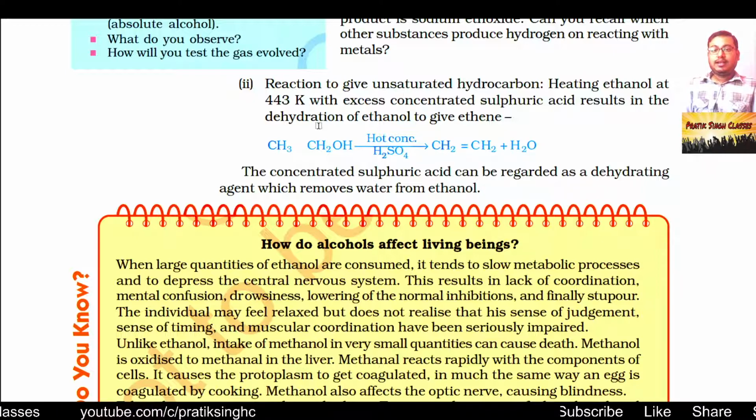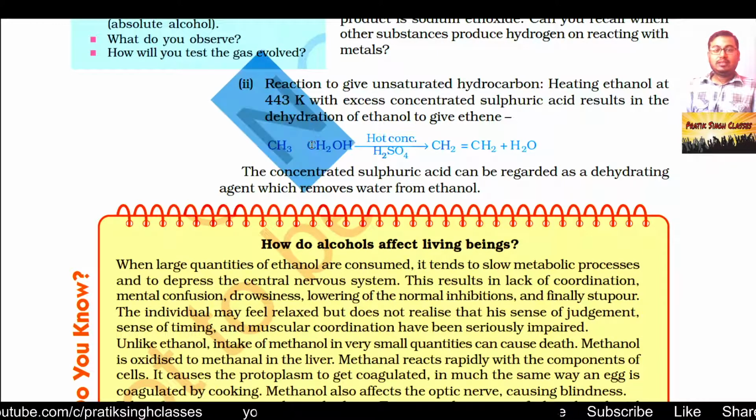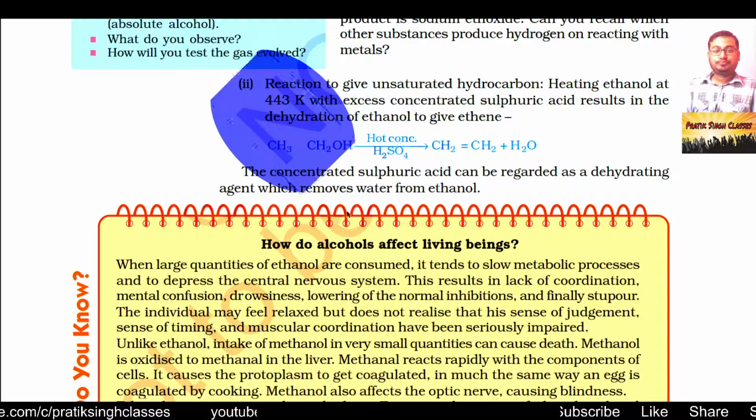Heating ethanol at 443 Kelvin with excess of concentrated sulfuric acid results in the dehydration of ethanol. Dehydration means the removal or coming out of water, in either gaseous or liquid form, and it gives ethene. So CH3CH2OH, here there will be a bond between this CH3 and CH2.